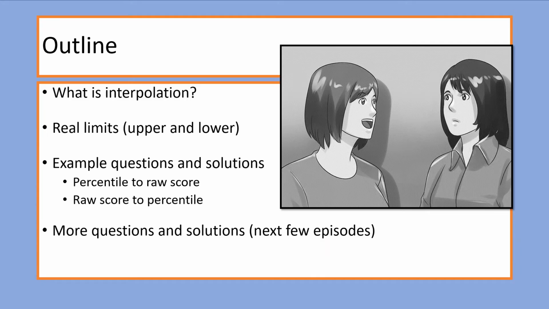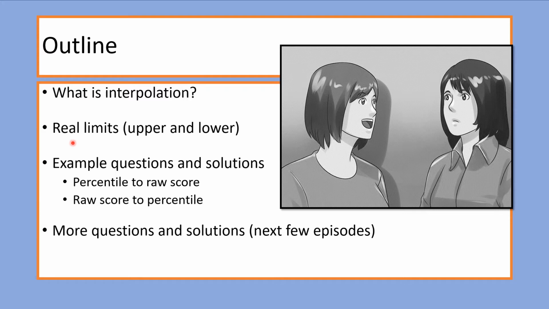So before I go into any detail, I just want to quickly lay out how this tutorial is set up. I'll first explain what interpolation is and then mention some main caveats that university and college students need to consider when doing interpolation, which is particularly these real limits here, and I'll explain what that is.